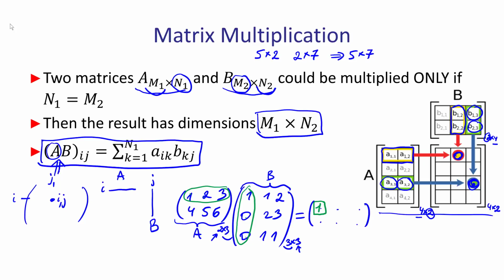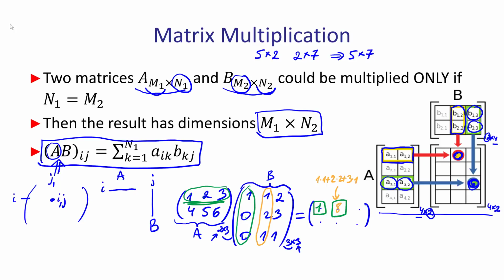Now, to get the second element, we still need to take the first row, but now we take the second column and make the dot product between the first row and the second column. So here you will have 1 multiplied by 1 plus 2 multiplied by 2 plus 3 multiplied by 1. And the result will be, of course, 8.